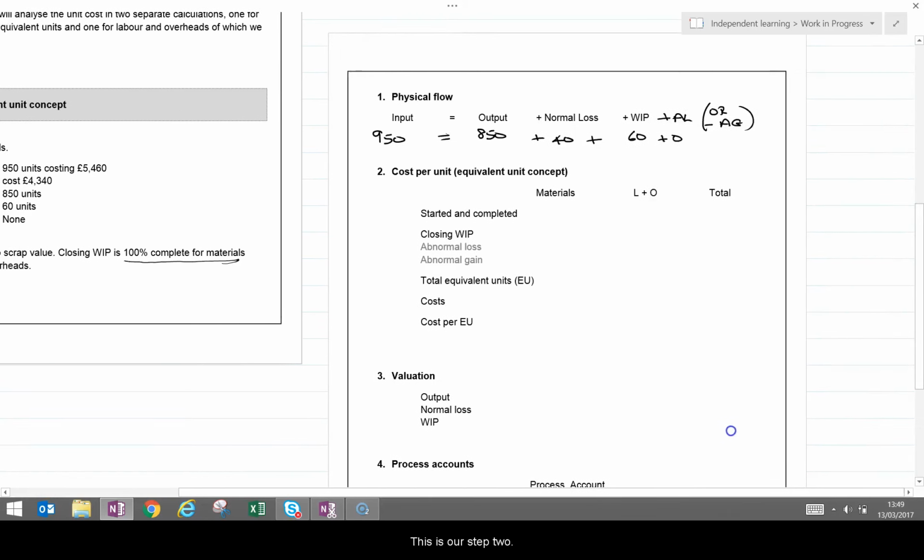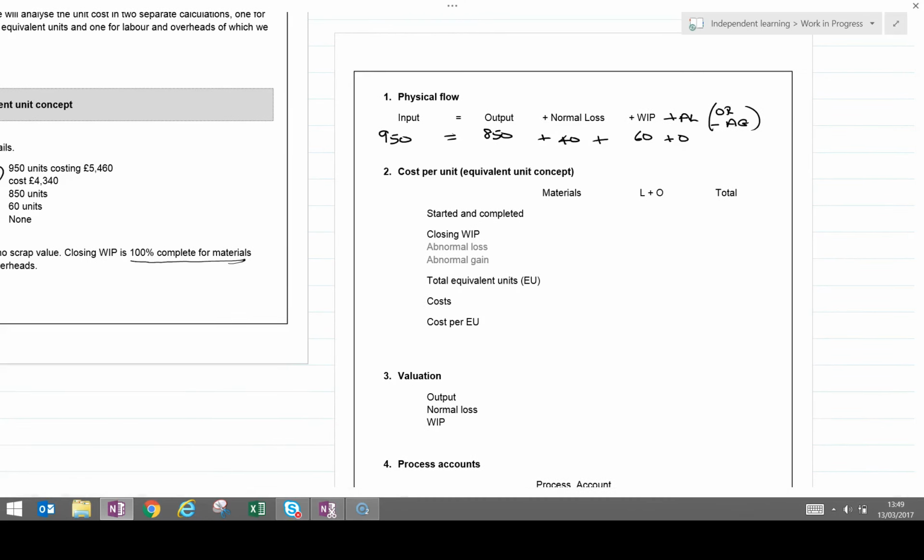So this is our step 2. Now you'll notice we have 2 columns, one for material and one for labour and overheads. This is because our work in progress has different degrees of completeness for material and labour and overheads.